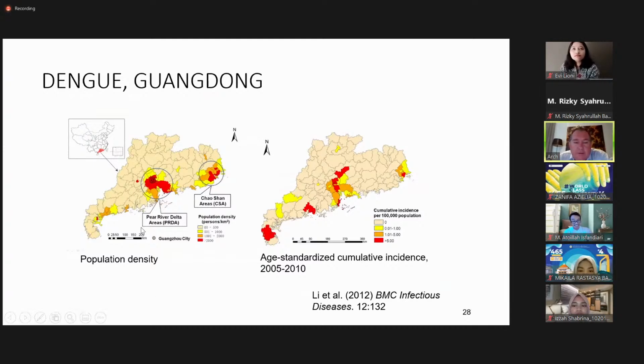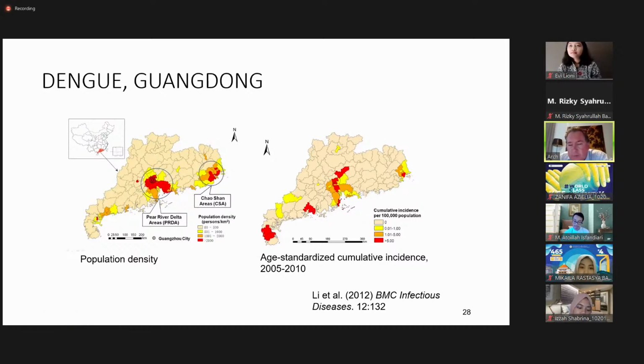It's important to note, of course, that the population in Guangdong province is heterogeneously distributed. You've got a large number of people living around the Pearl River Delta, in particular in Guangzhou, which is the capital city. And then you've got a large number of people living in the Shantou area in the eastern part of it. But the population is much sparser in areas outside of these main metropolitan centres. So a useful map is to present an age-standardised cumulative incidence.